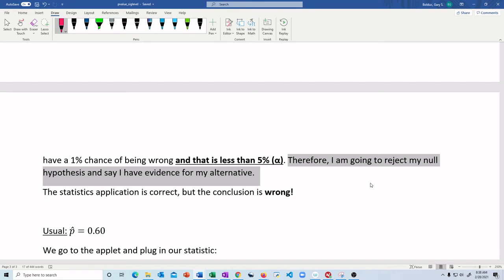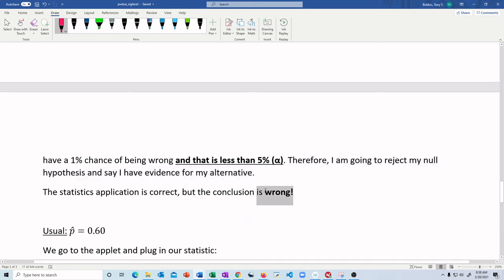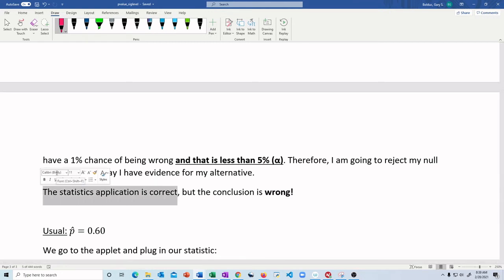Wrong. That's wrong. You have a fair coin. This is the wrong conclusion to make. You did the statistics right. Everything we just said, everything we just did was good statistics. Perfect. But your conclusion's still wrong, because that can happen.